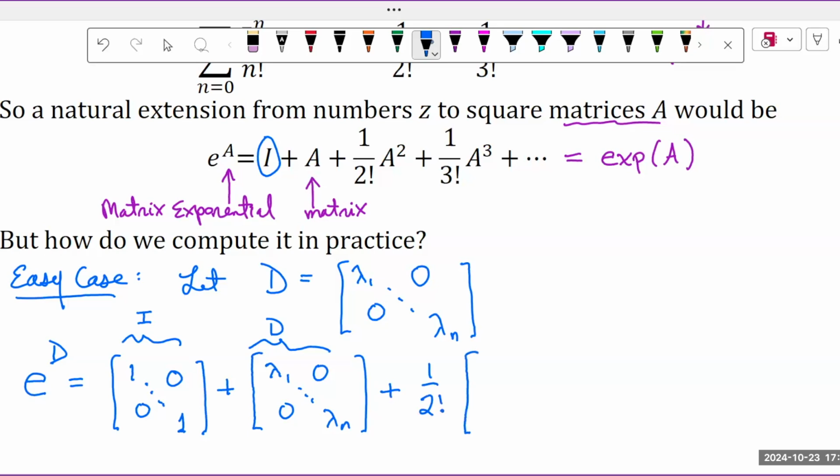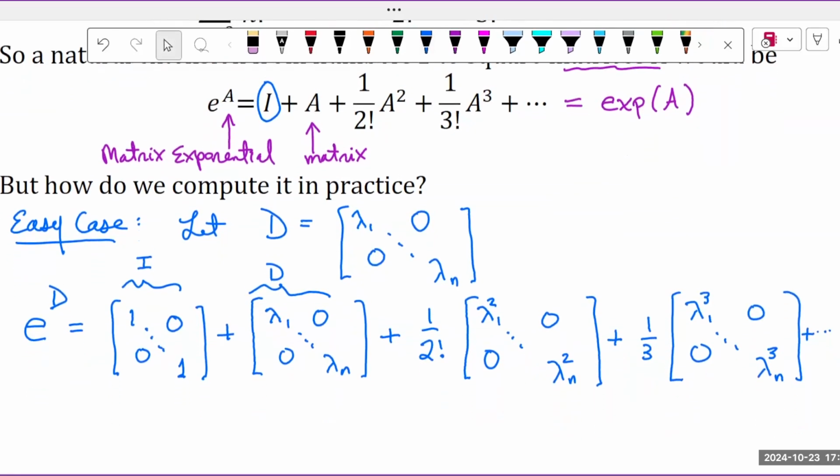Now, the convenient thing about having a diagonal matrix is when I take the square of that matrix, or D times D, all I have to do is take the square of every element on the diagonal, and nothing else more complicated happens. Similarly, if I'm going to take the cube of that matrix, I have the cube of what's on the diagonal, and nothing more fancy than that is going to happen.